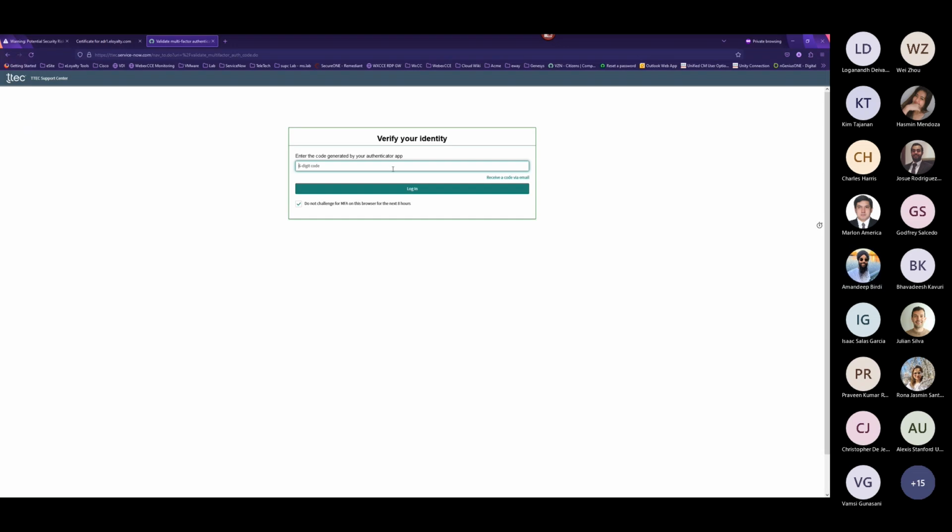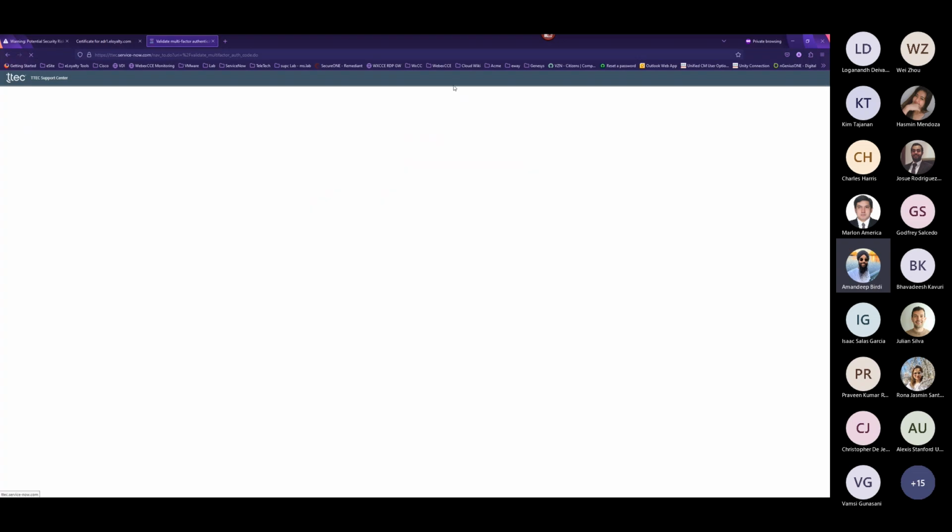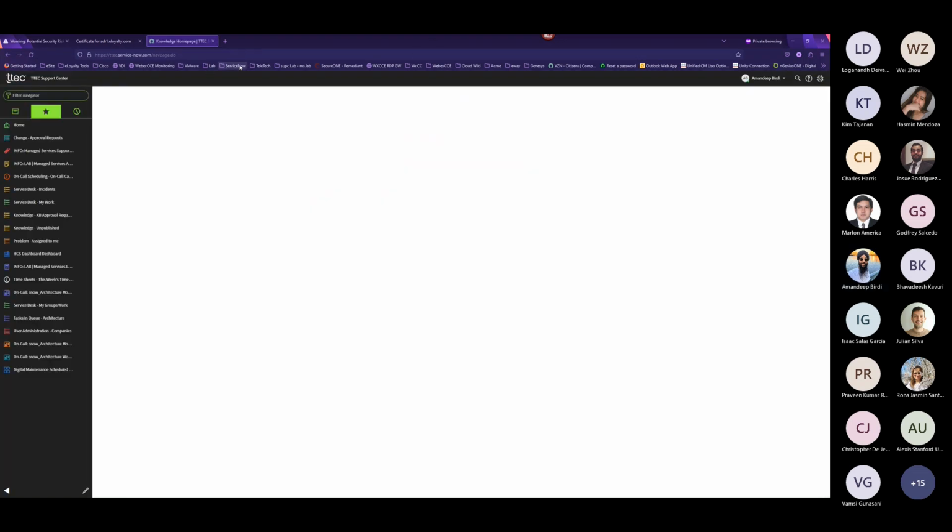When it happens, we should all know. We knew about this one a couple weeks before it happened, but essentially it should not come as a surprise. It's going to be a major change when it happens. And how you determine if your root and intermediates need to be imported is defined in this KB that I'm just going to log into.